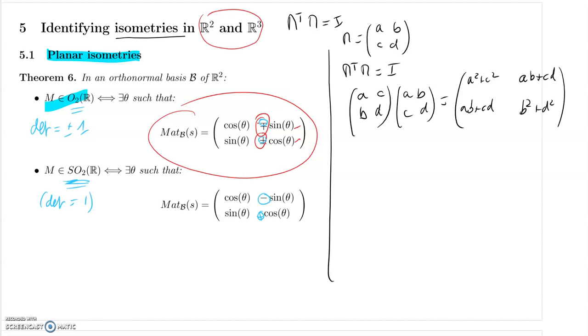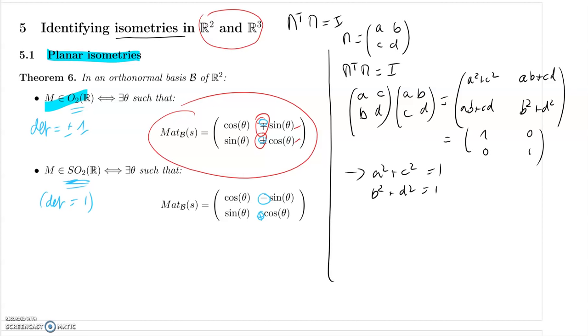If this is an orthogonal transformation, I should get that this is equal to 1, 0, 0, 1. So let's see what it implies. It means that A squared plus C squared is equal to 1 on one hand, but also B squared plus D squared is equal to 1.